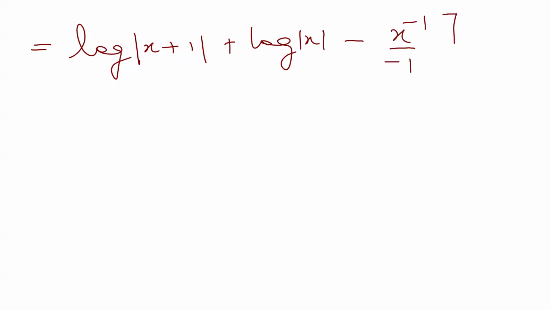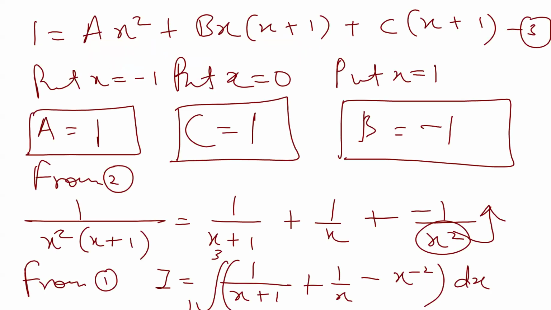So log mod x plus 1 upon d by dx of x plus 1, which is 1, that's fine. Plus log x minus x raised to -1 upon -1, between 3 and 1. Okay. X raised to -2 I've done, using the x raised to n formula over here.